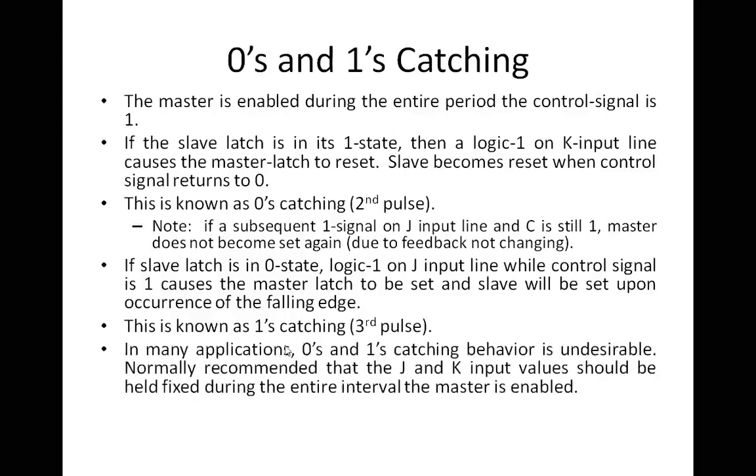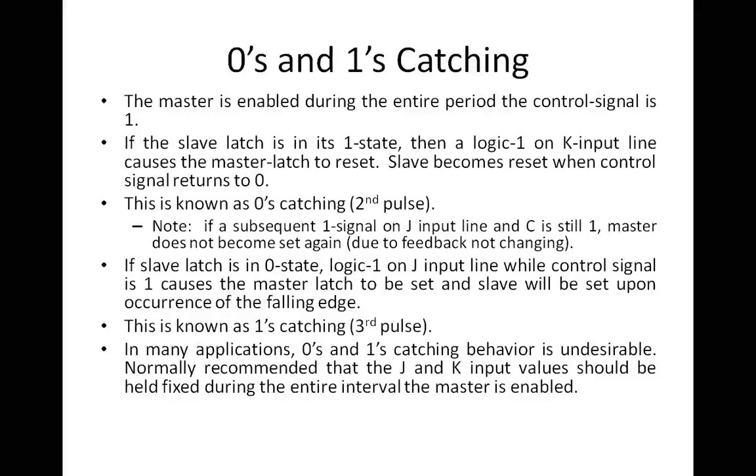Okay, so in many applications, zeros and one catching behavior is undesirable, which means they do not need this kind of thing. They want values to be passed on immediately. Normally it is recommended that J and K input values should be held fixed during the entire interval the master is enabled. So normally they want these values to remain for the entire clock cycle, which wouldn't happen.